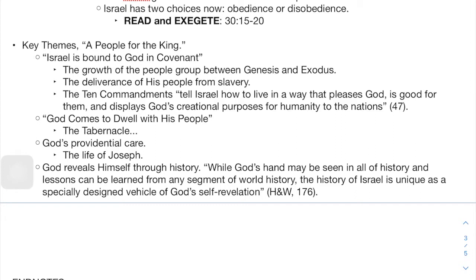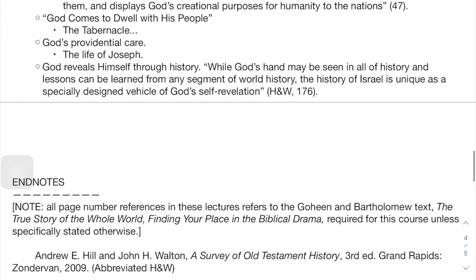They say, quote, "While God's hand may be seen in all of history, and lessons can be learned from any segment of world history, the history of Israel is unique as a specially designed vehicle for God's self-revelation." If you want to read that and find that book, it's on page 176 there in that Hill and Walton text that's called the Survey of the Old Testament.